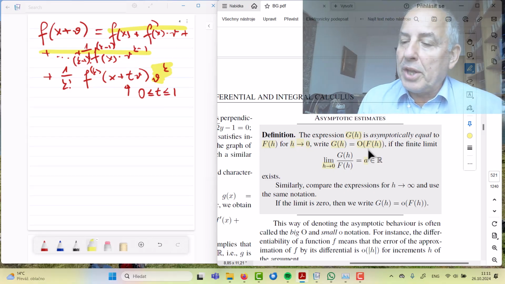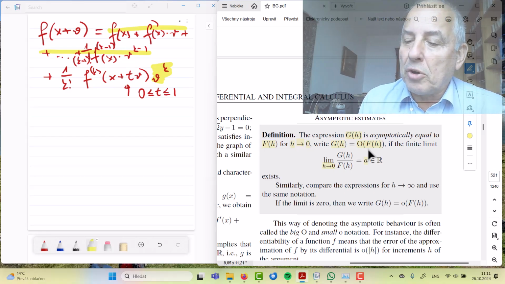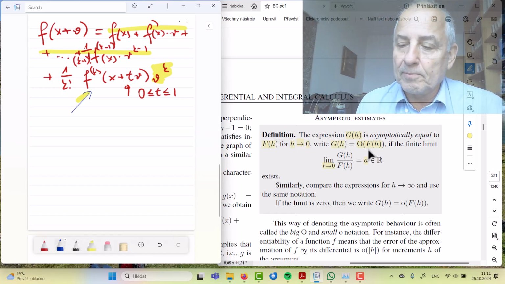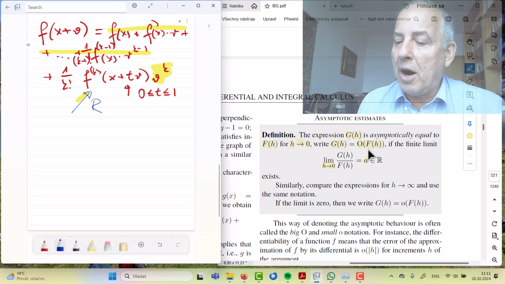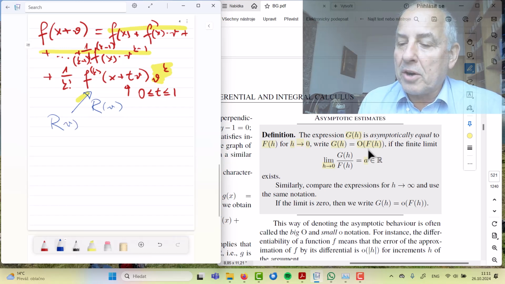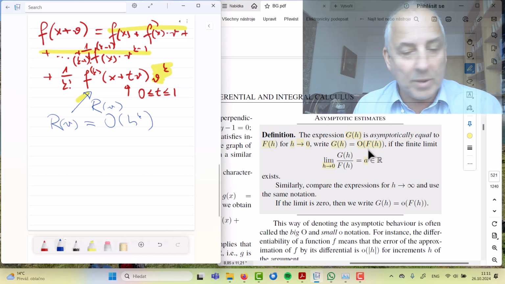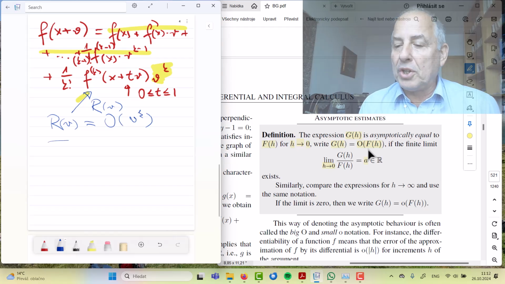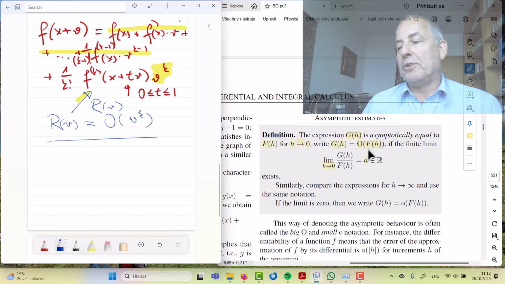And you see that in this case the error, the remainder r of v, is O of v to the k. That's the asymptotic meaning of our Taylor expansion.